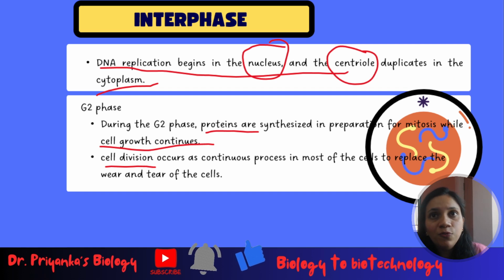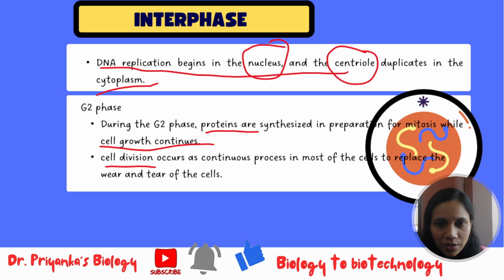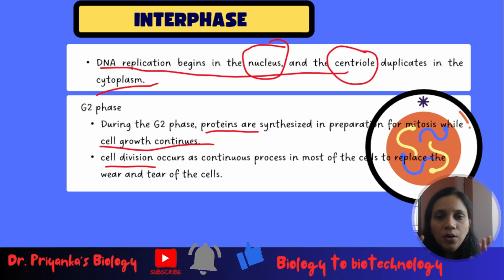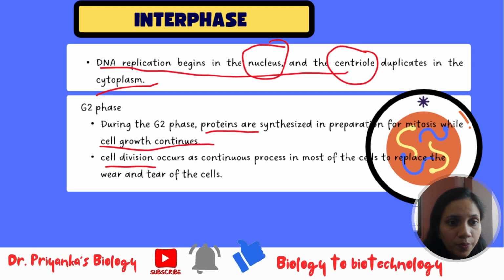We should be thankful to the cell cycle for maintaining us, because we don't have to get something from outside so that we remain as we are. All this wear and tear, whatever minor things are happening, are replaced or kept under control because of the cell cycle.